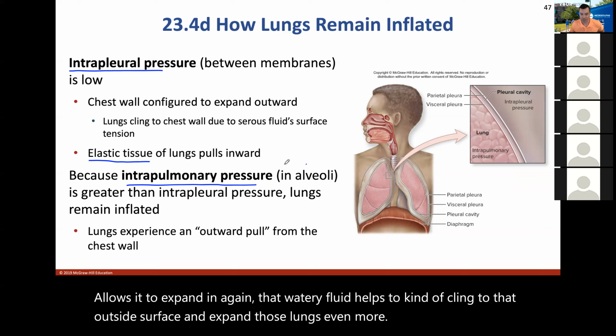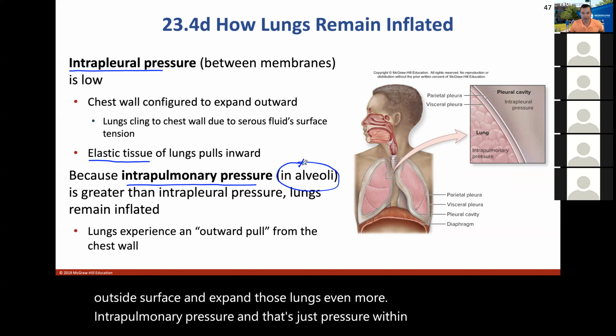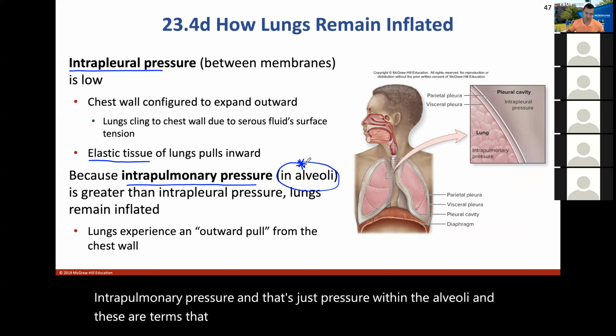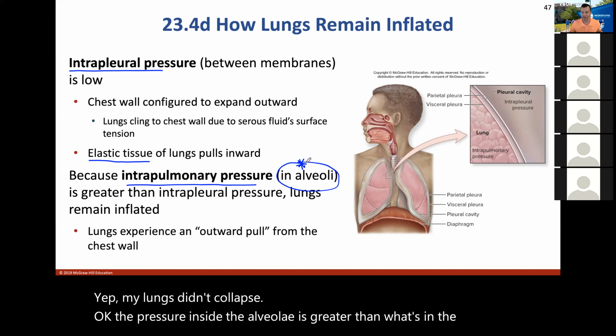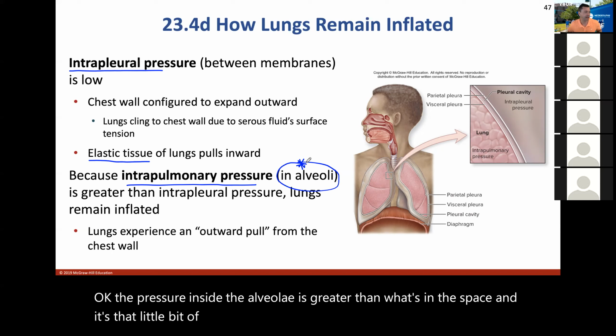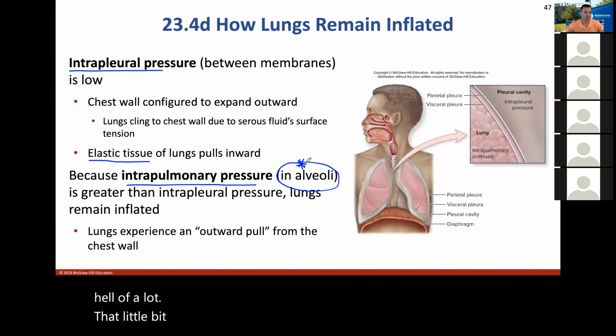Intrapulmonary pressure, and that's just pressure within the alveoli, and these are terms that we'll see again, is greater. The pressure inside the alveoli is greater than what's in the space. It's that little bit of extra pressure, and it's not a whole lot, that prevents those lungs from collapsing.